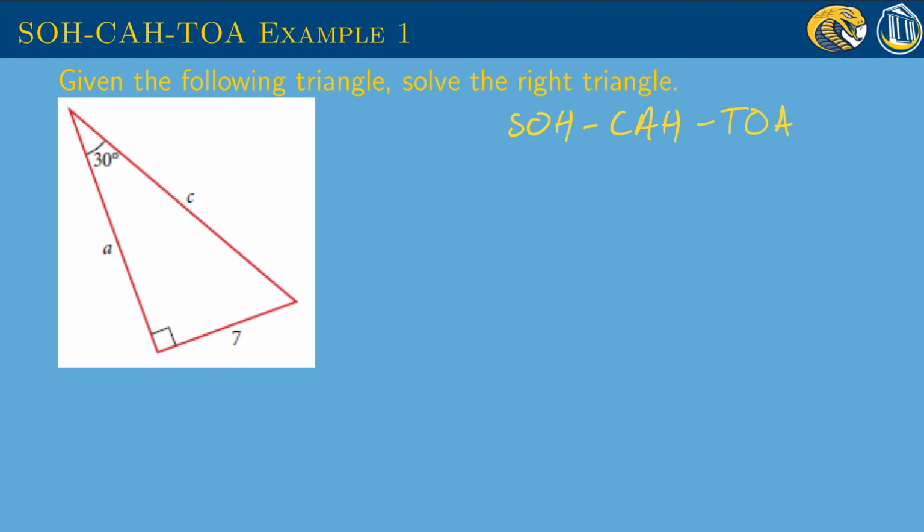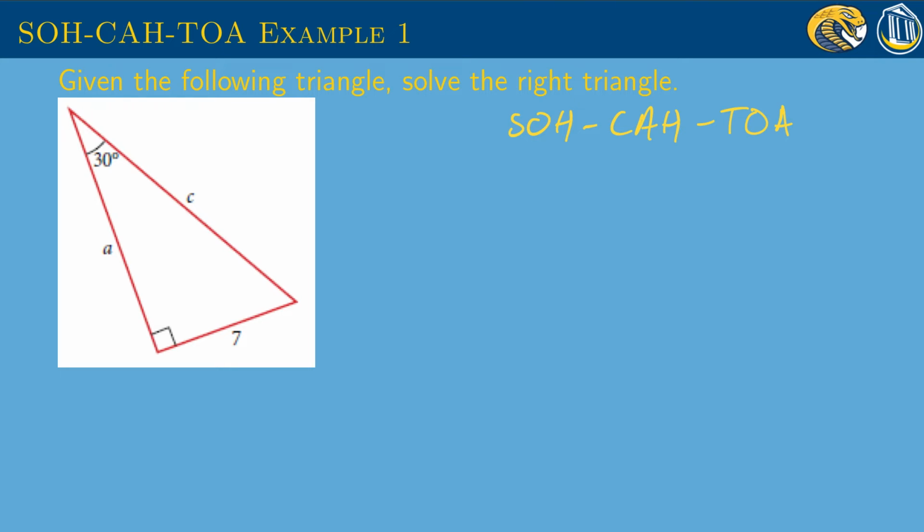We have a right triangle here, we know that there's a 30-degree angle here, and we know that the side opposite the 30-degree angle has length 7. This problem is asking us to solve the right triangle, which means calculate the length of every unknown side and every unknown angle.